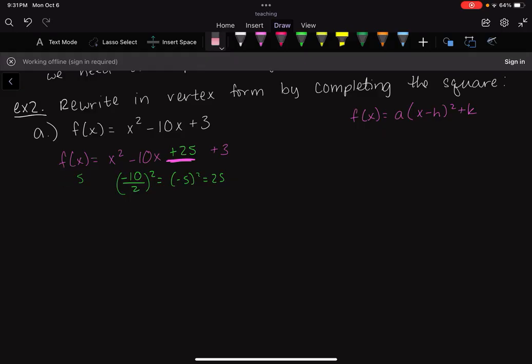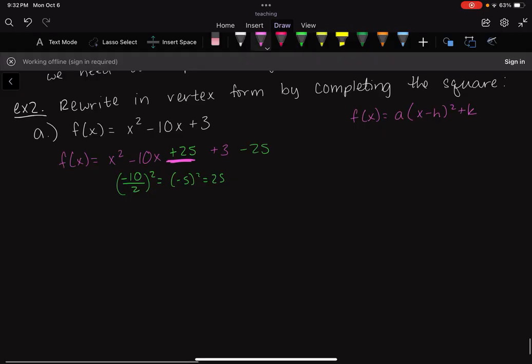The problem with doing that is I'm not trying to mess up the y side. I want it to stay as just y or f of x. But what I can do instead is subtract 25 from the same side. So basically I'm just adding 0. If I add 25 and subtract 25 at the same time, I'm not doing anything.